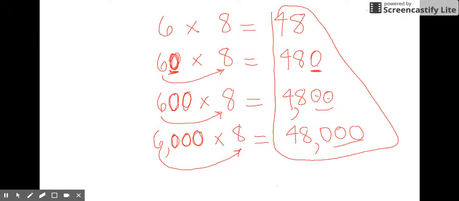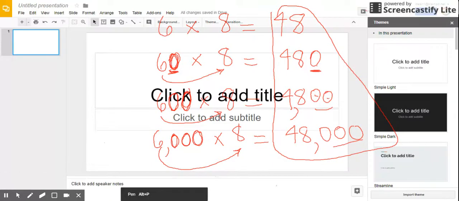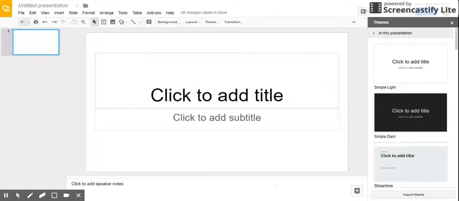Okay, so we now know our simple rule. Let's make sure that we understand how we would do this if it's written vertically. Remember, vertically is up and down. So if I write 8 times 6 is 48.